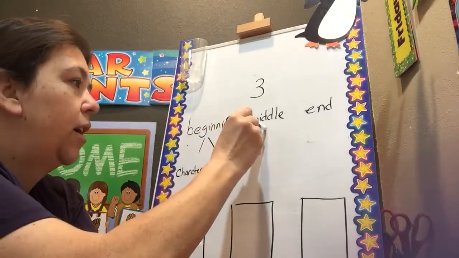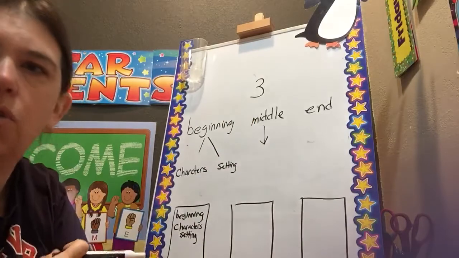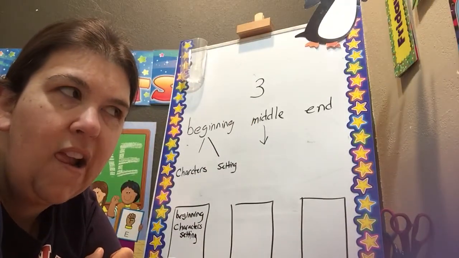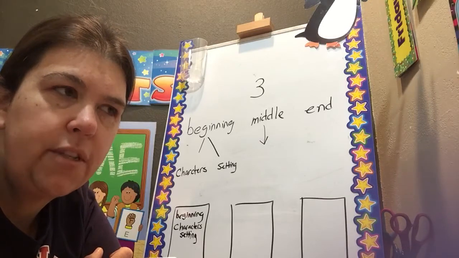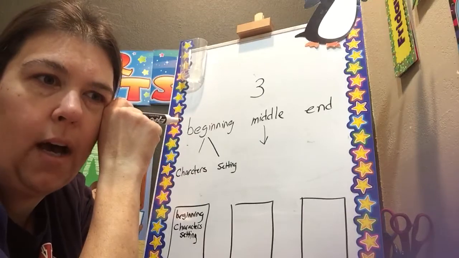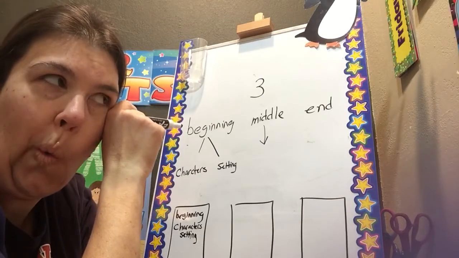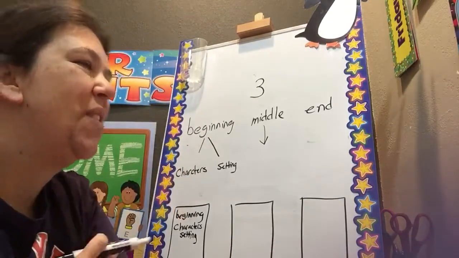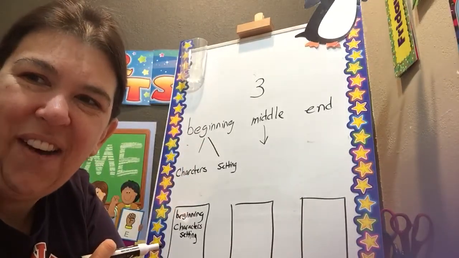Okay. Now here in the middle, what do we usually talk about in the middle? Let's think of our story elements. We got the characters and the setting done. We still need to talk about a conflict and then a resolution. So in the middle, what do you suppose you need to tell me about?